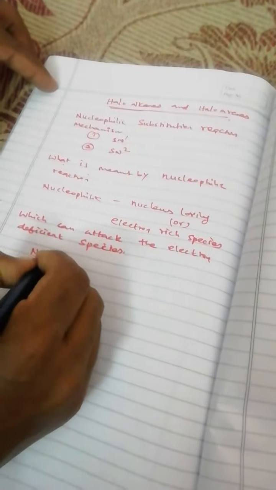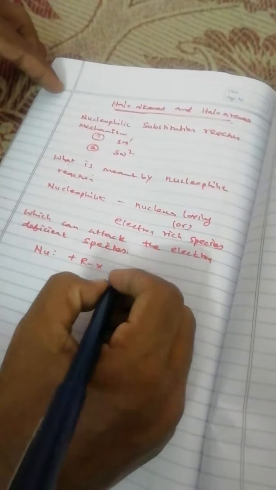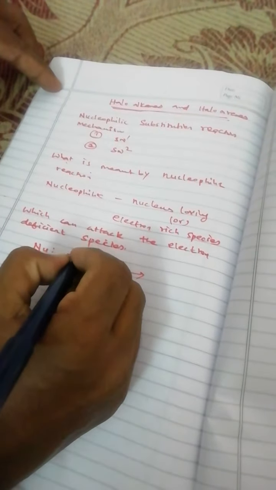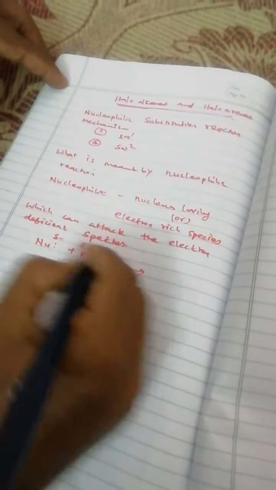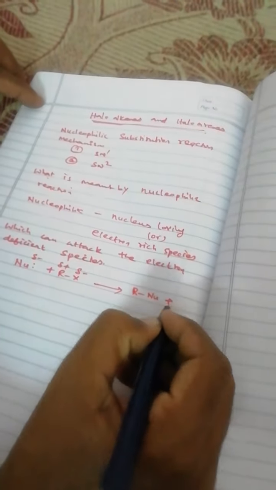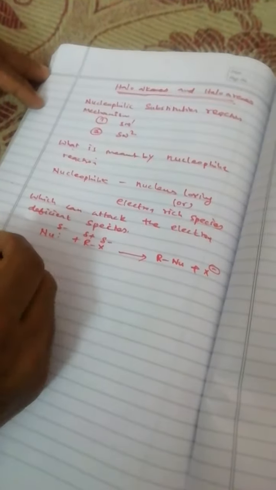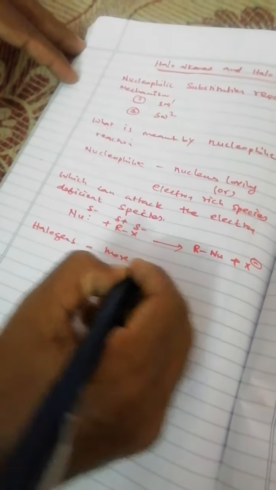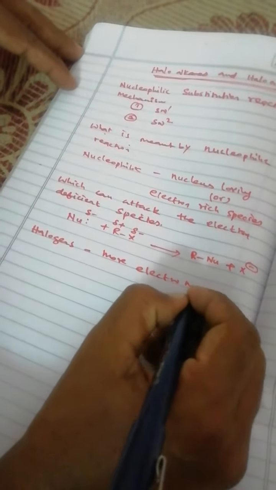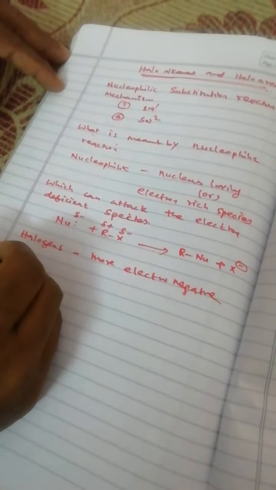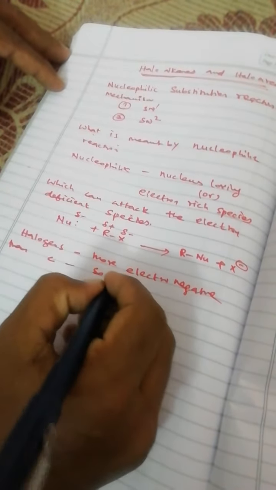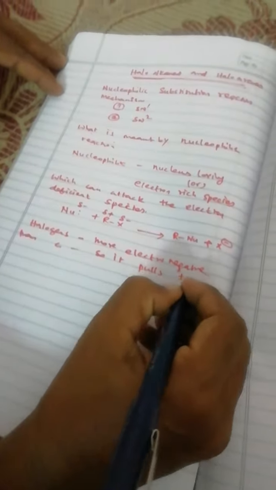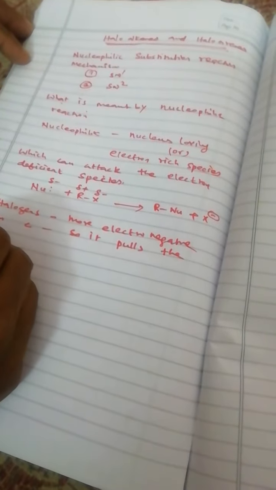Example, a nucleophile reacts with an alkyl halide. It will be delta minus, delta plus, and this is delta minus. It will give R-Nu plus X minus. I will explain. Halogens are more electronegative than carbon, so the halogen pulls the electrons of carbon towards itself.